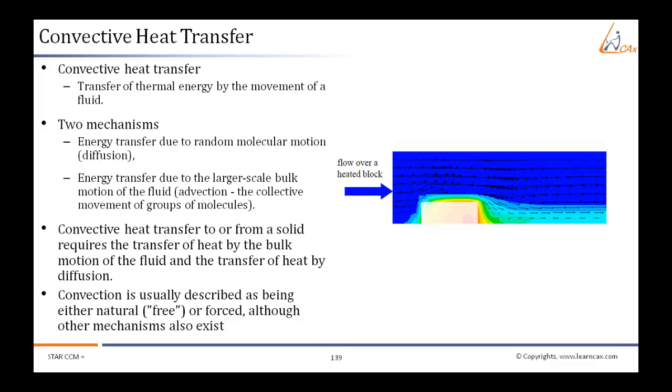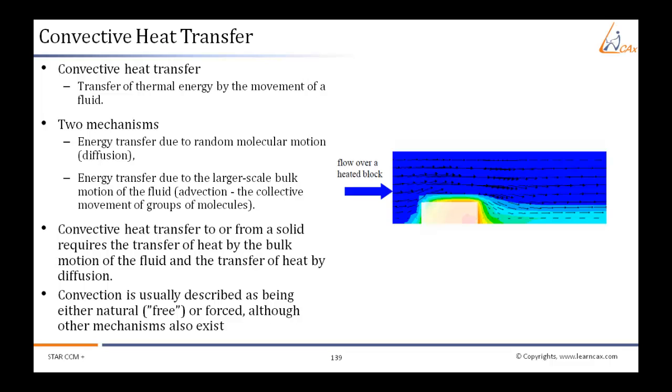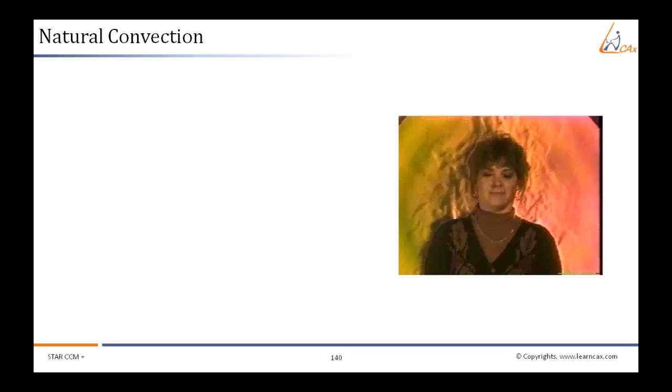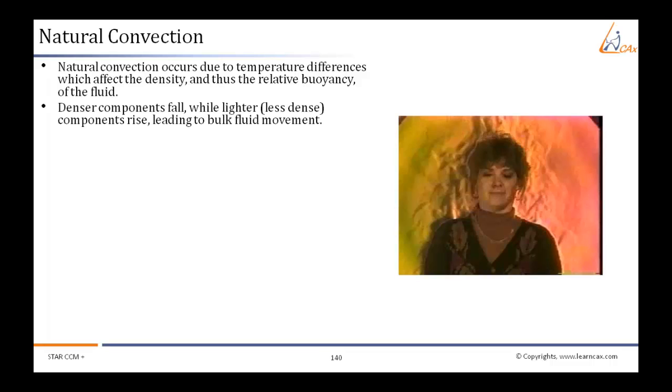For example, gravitational, granular, thermomagnetic, capillary action driven, or Marangoni and Weissenberg driven effects. In a gravitational field, natural convection occurs due to temperature differences which affect the density and thus the relative buoyancy of the fluid.